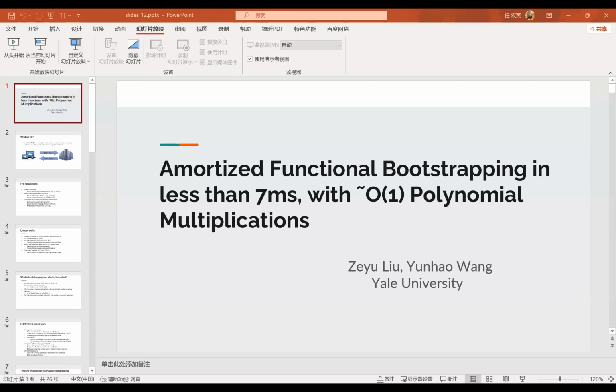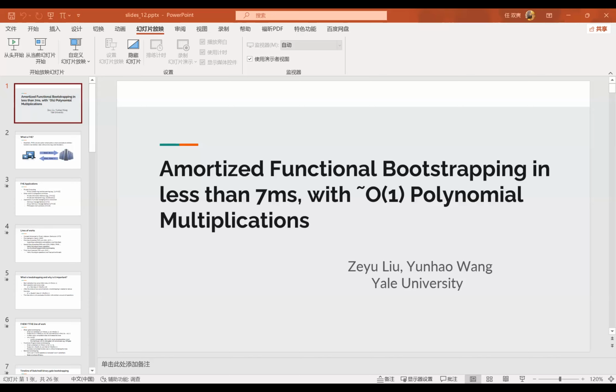To achieve better efficiency, Micciancio and Sorrell in 2018 suggested using batching. They proposed a scheme with some huge constants, 3 to the epsilon, hidden. So although it's theoretically asymptotically faster than single-gate bootstrapping, it's concretely not very helpful. Then in 2023, the works of GPL and MKMS removed this 3 to the epsilon to just epsilon.